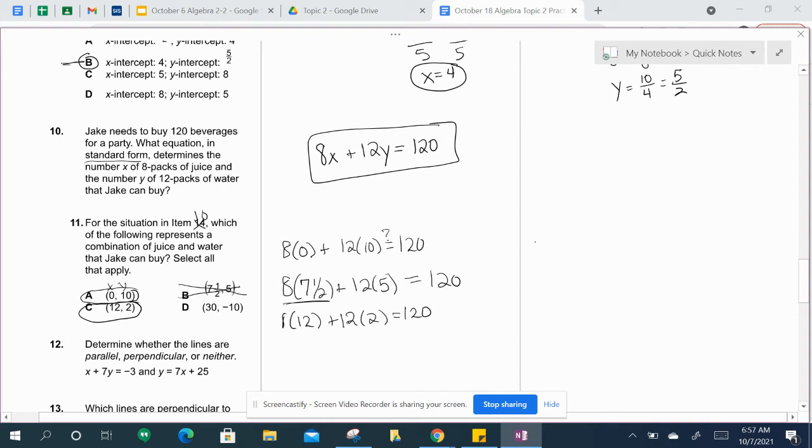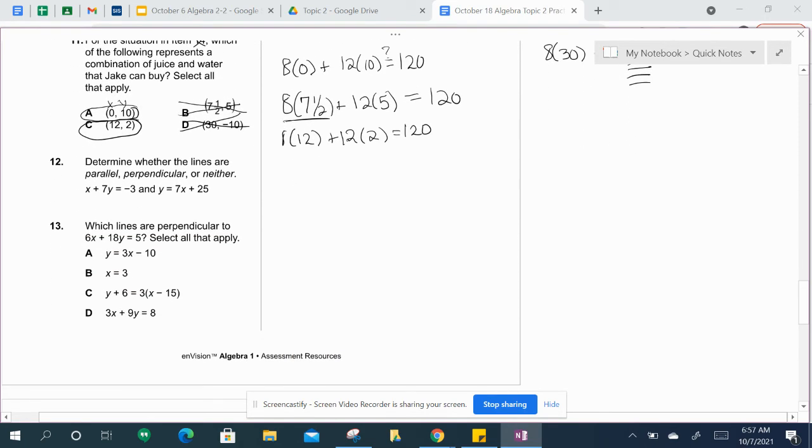And then finally, choice D, I'm going to check 8 times 30 plus 12 times negative 10. It does, again, in fact, turn out to be 120, but again, does this one make sense? Would it make sense that I can go into a store and buy negative 10 packs of water? No, and so I'm going to cross D out as a viable choice.